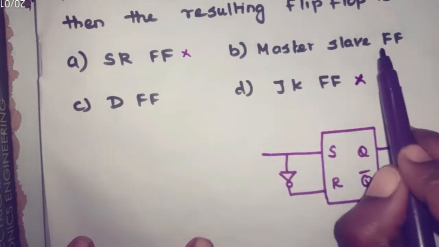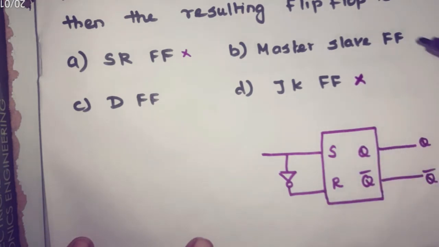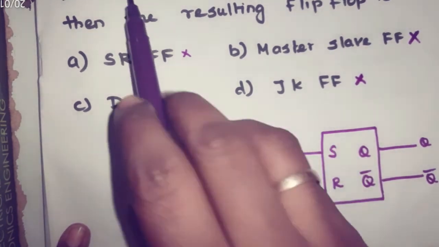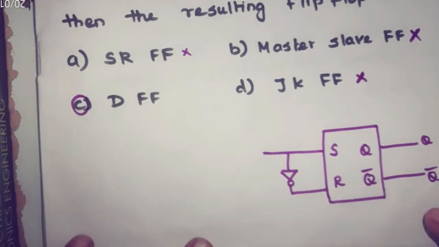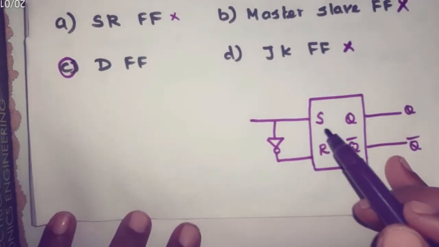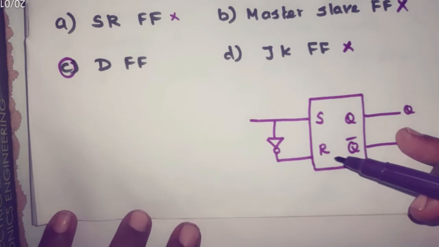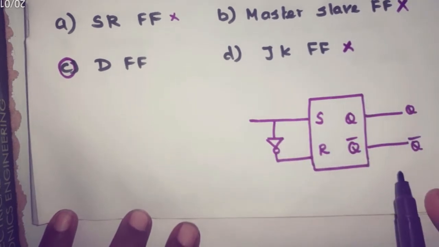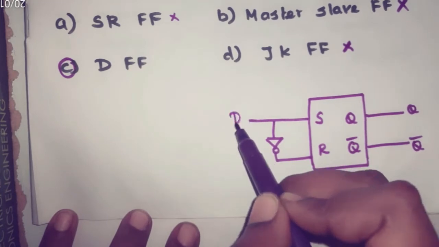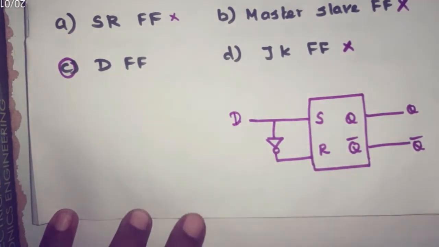And in master slave flip-flop we need two flip-flops, so this option is not correct. The only option which is suitable for this is D flip-flop. So if the inverter is placed between the S and R input of the SR flip-flop, the resultant flip-flop will act as a D flip-flop. So the answer is D flip-flop.